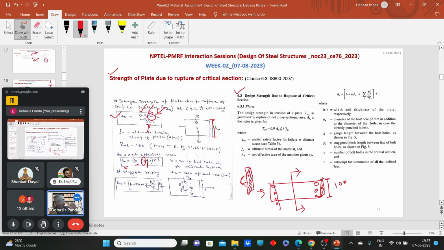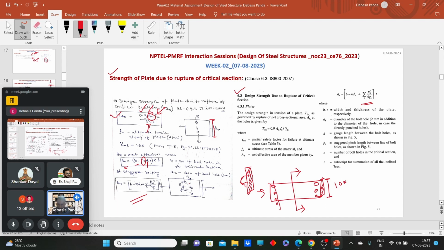Now if the staggered pitching is there, then for the staggered pitching also the code says that B minus n d0 plus, for the staggered part we have to consider some factors. Here this clause is given, that is summation of psi. What is that psi? That is the staggered pitch squared divided by 4 g. What is that g? That is the gauge.